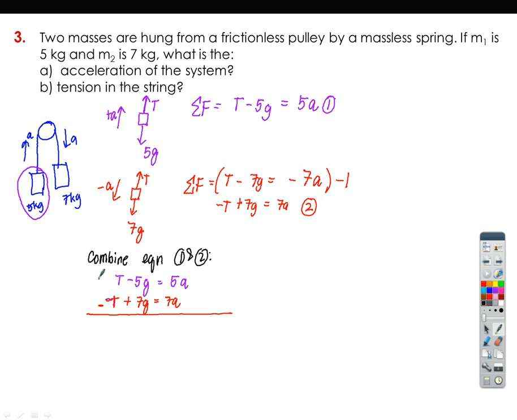If you combine it, the T will cancel, and you're left with 7g minus 5g equals 5a plus 7a. Alright, so subtract the two, that will be 2g, and then add the two, because 5a plus 7a, that will be 12a.